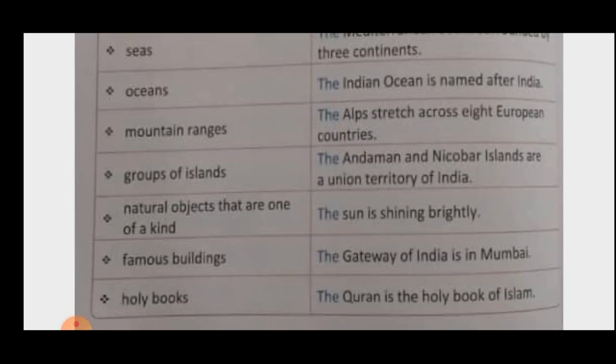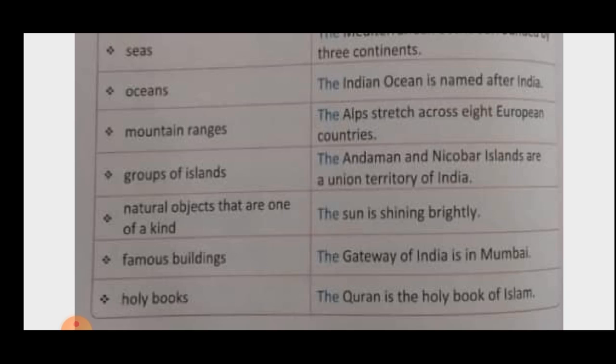Next is groups of island. The Andaman Nicobar Islands are a union territory of India. Now Andaman Nicobar is the name of island. It is a specific group of island. So there also we will use the as article.